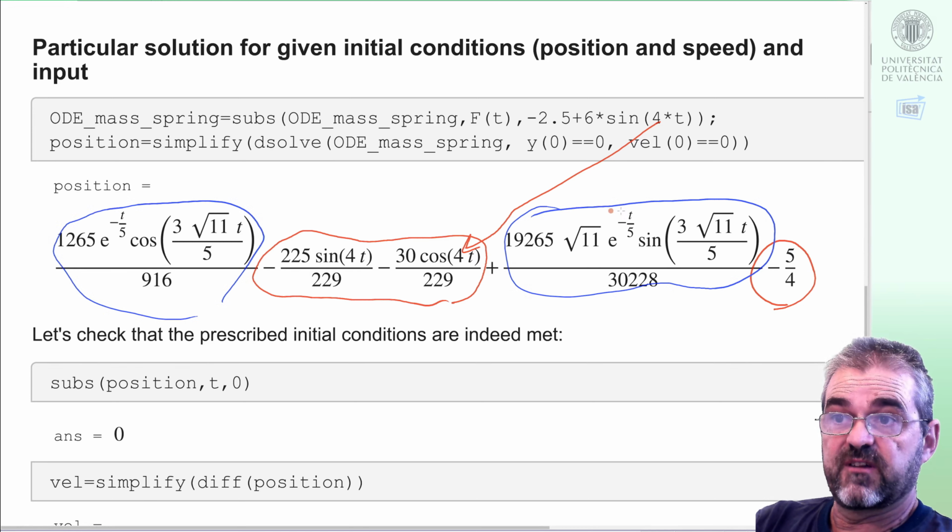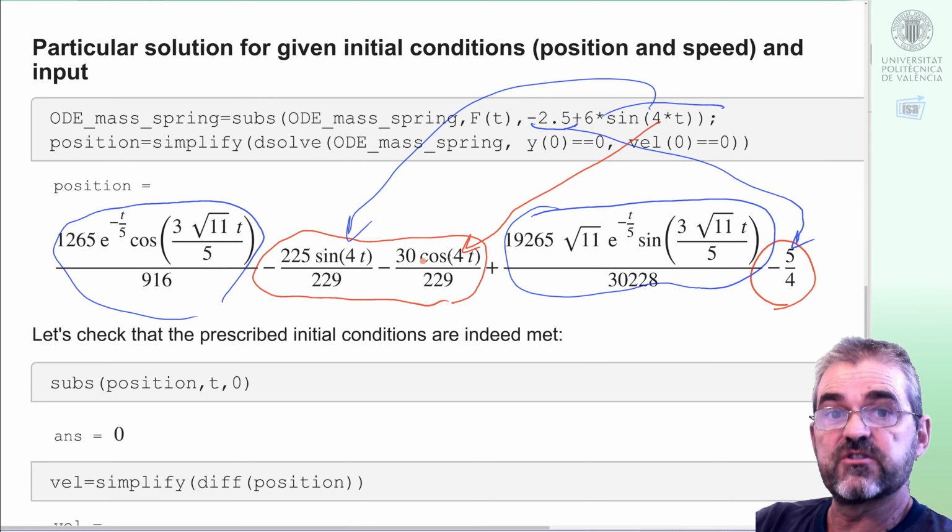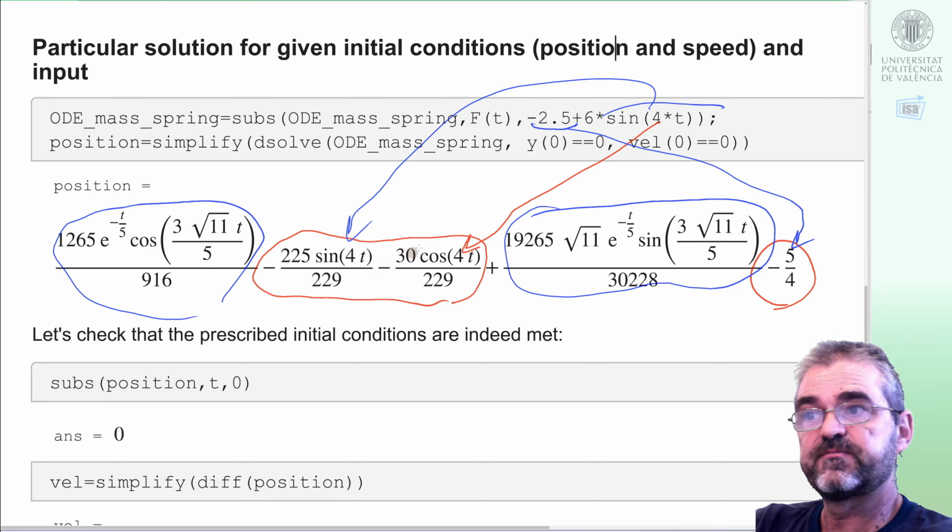So we have kind of free response terms in all simulations, and some terms similar to the input, in the sense that this constant appears as a constant in the output, and this sinusoidal appears as an oscillation of the same frequency in the output.